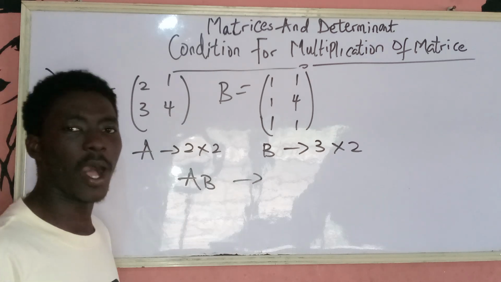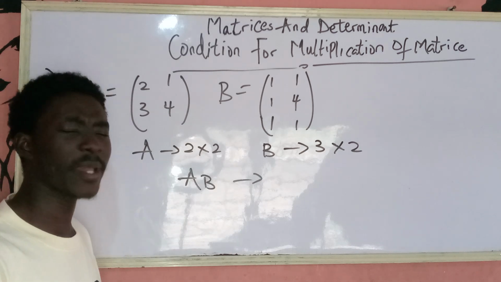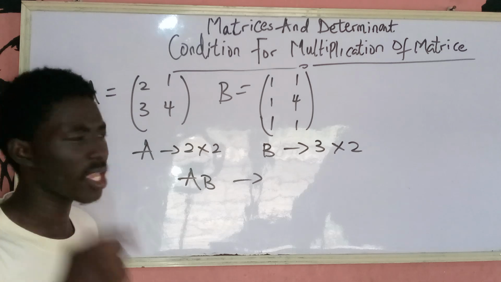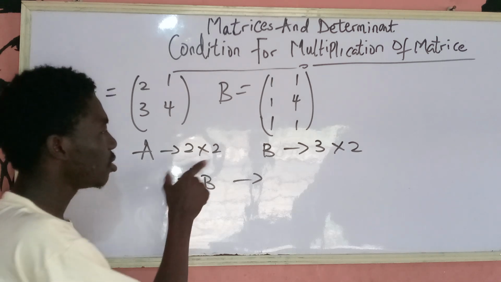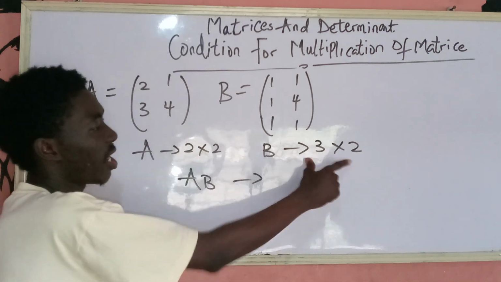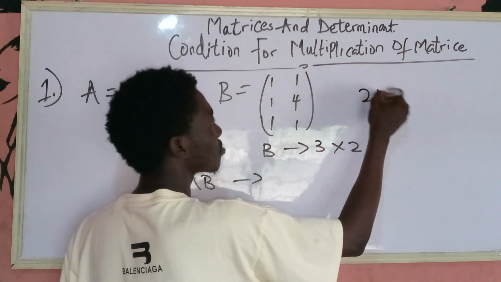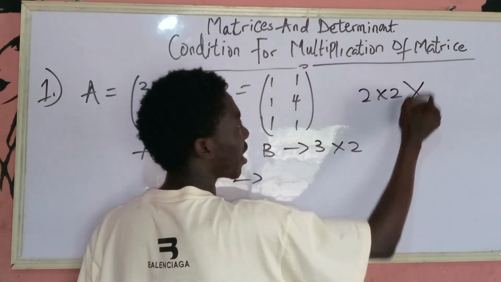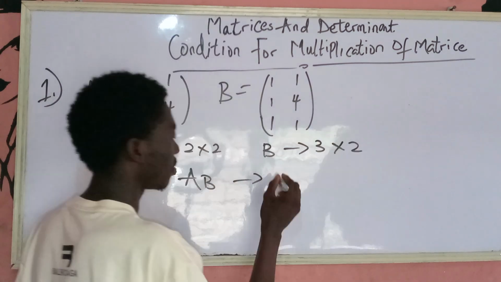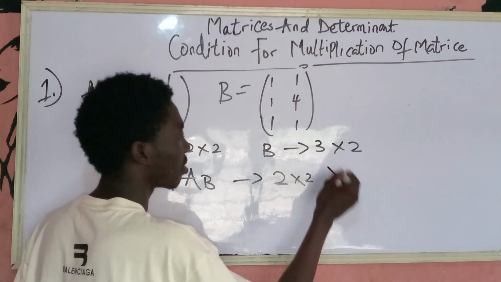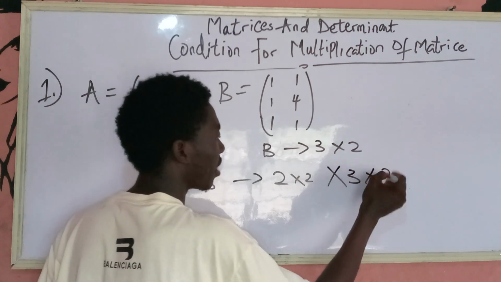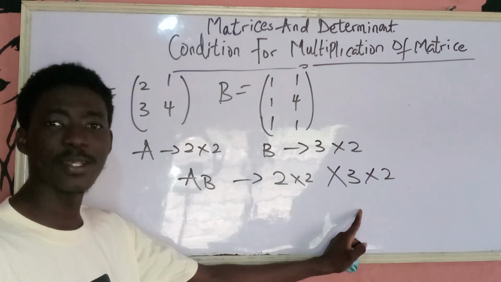Let's check it out. How do you know whenever you have to multiply two matrices whether it's conformable or not? I have a trick. You take the order of the matrix and the order of the matrix, times, so it will be 2 times 2 times 3 times 2. Can this cancel out?